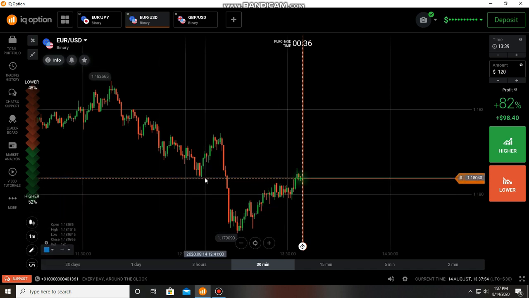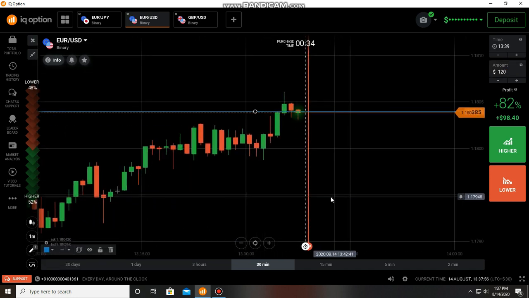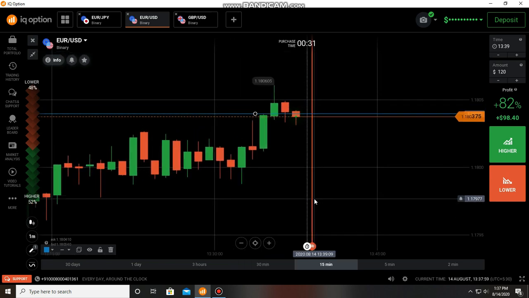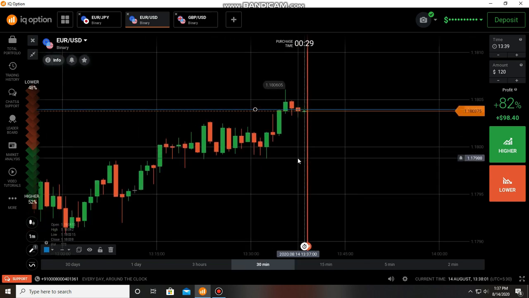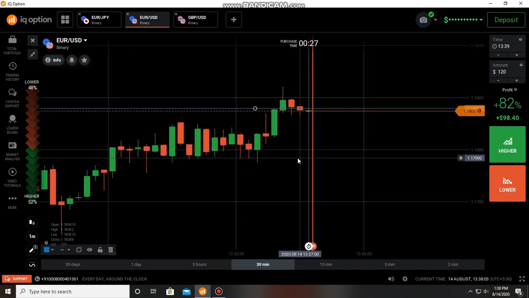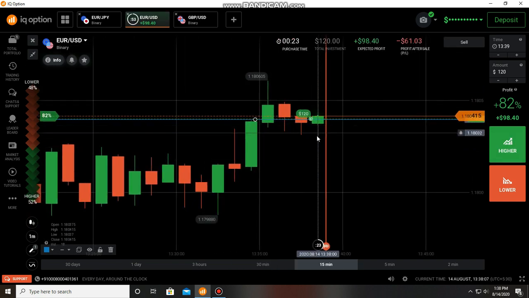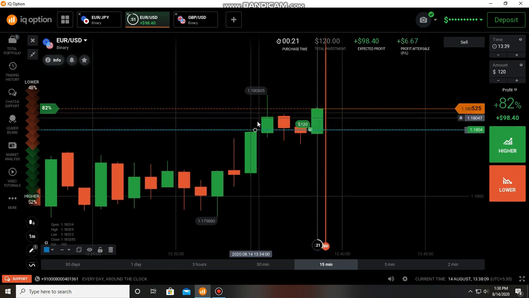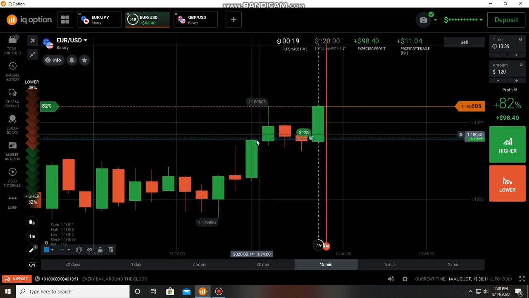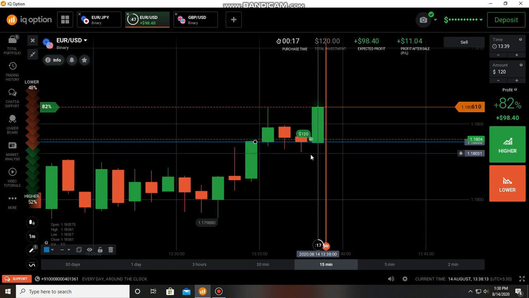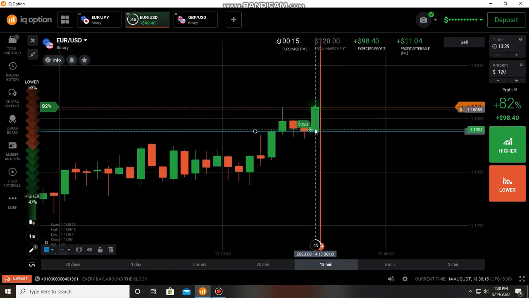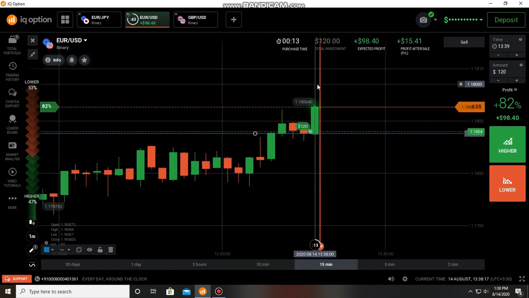We can see a level, but again we are seeing rejection, so here we can go to the buyers after this. Okay, it's better to place a call option. Oh, it's a little bit late entry, but no problem. Now we can see some strong buyers entry. So this kind of pattern you must remember every time.